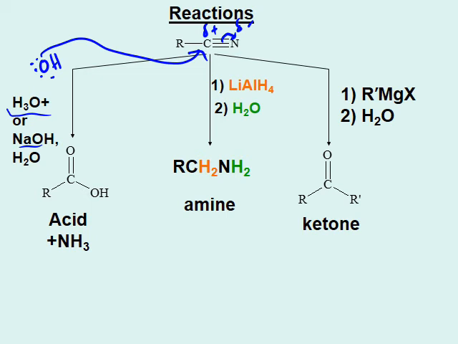Nitrogen gets the negative charge, and eventually it is going to pick up hydrogen. So this is how this reaction proceeds, at least the first step. And then if you keep on adding another OH, eventually the nitrogen leaves as NH3, and that's how you get COOH.